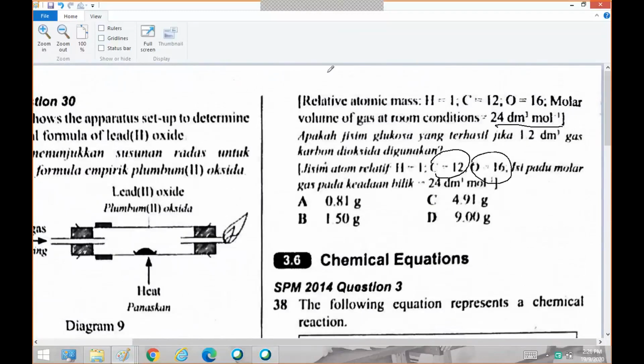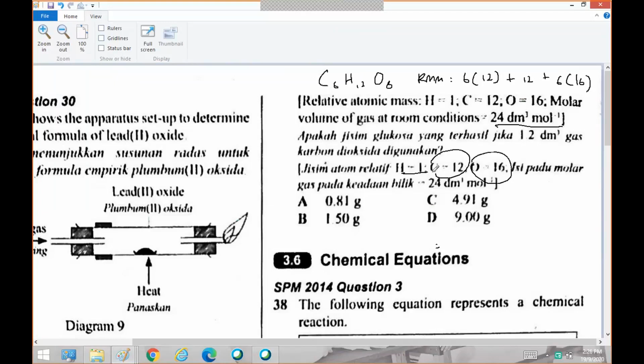So C6H12O6. The molar mass would be equal to, or you find the relative molecular mass first. That will be 6 times 12 plus 12. Don't have to multiply by 1 now. Plus, 6 oxygen will be 6 times 16. So what's the total? 72 plus 12 is 84. 84 plus 96.